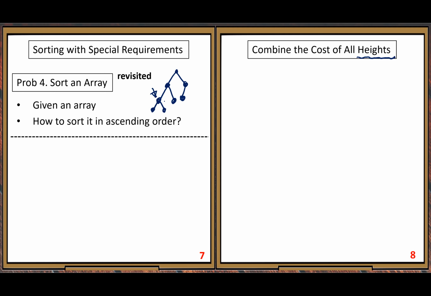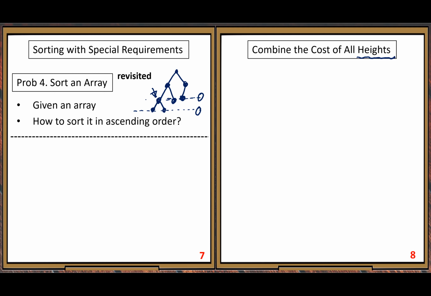We define the bottom level as the ground level. Ground level means the height is 0. All the nodes on the ground level have height 0.